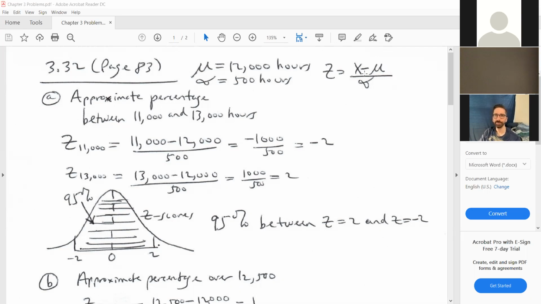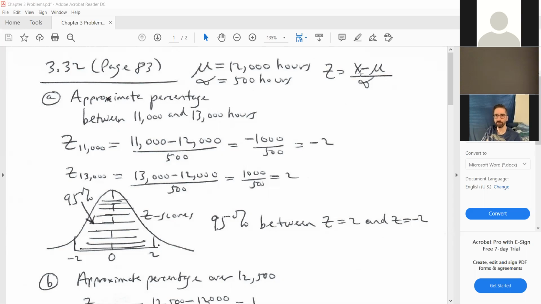So you take your original value, whatever x is, that's your original number. You subtract the mean, that's your numerator, and you divide that difference by the standard deviation, and you get a unitless result, which is a z-score, a standard score. And what the z-score tells you is, for any particular value of x, how many standard deviations to the left or to the right is this value from the mean.